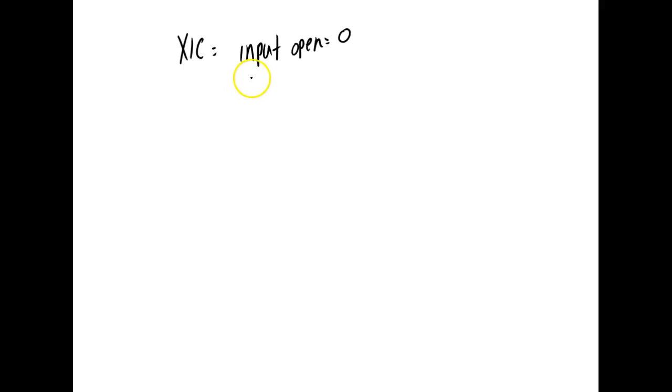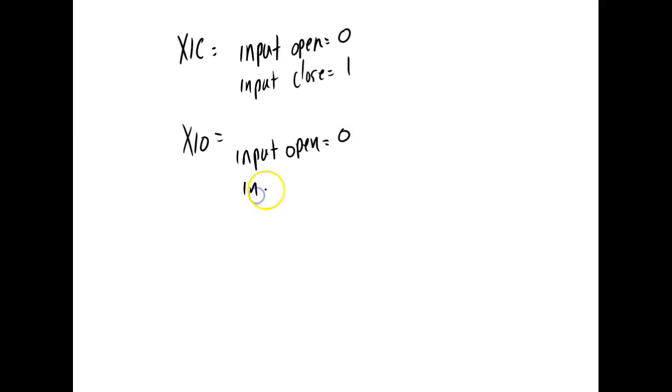If the input is closed, we get a 1. Now over here on examine open, if the input is open what do we get? We get a 0. If the input is closed, we get a 1. So the switch doesn't change, right? If it sees a closed input, it gets a 1. If it gets an open input, it sees a 0.